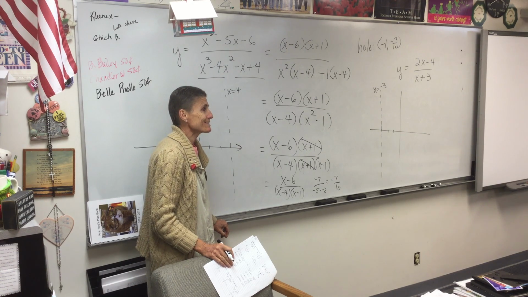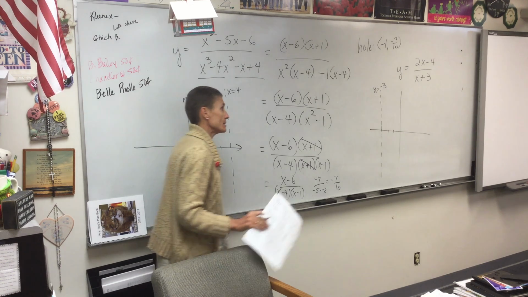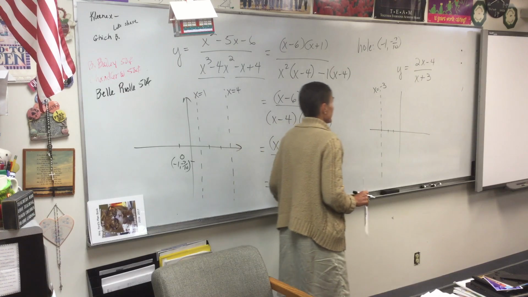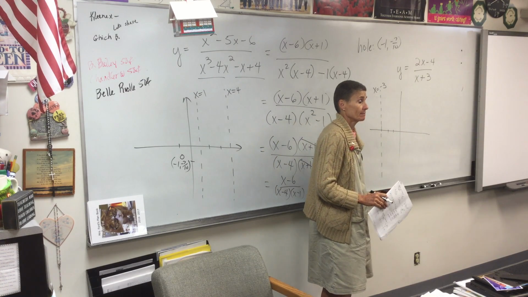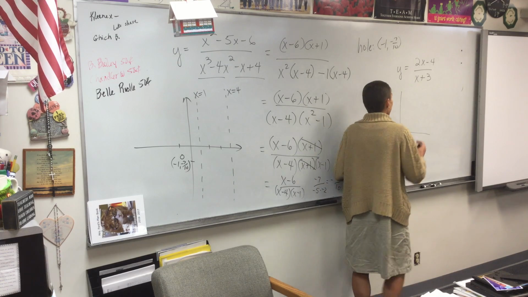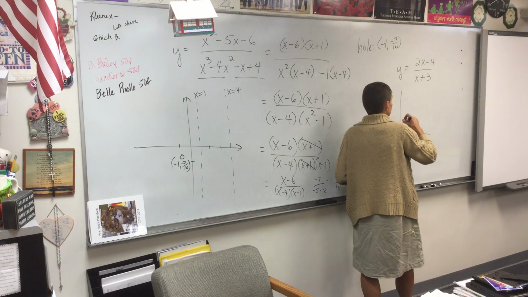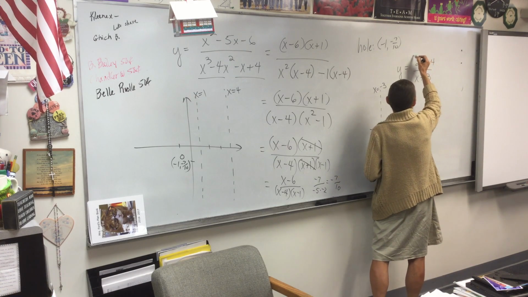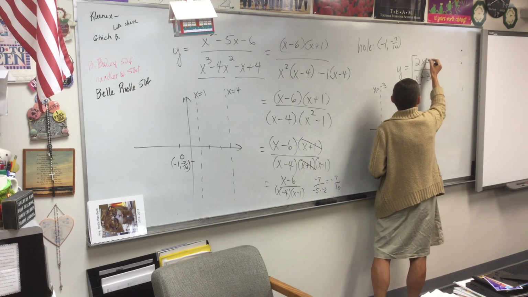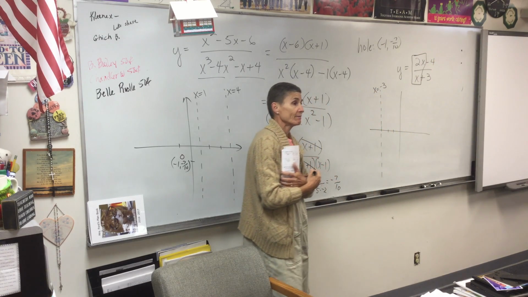Now this horizontal asymptote thing is based on a concept called the limit. Every time you find a horizontal asymptote in an expression like this, you can find it by simply comparing the highest power that you have in the problem.